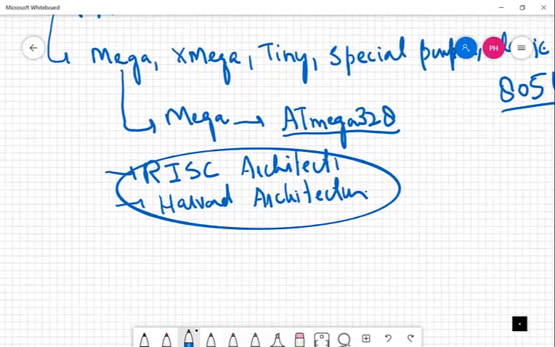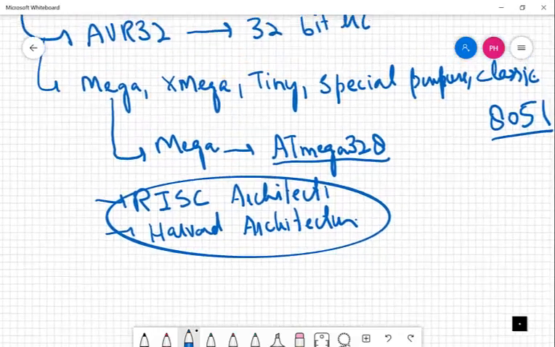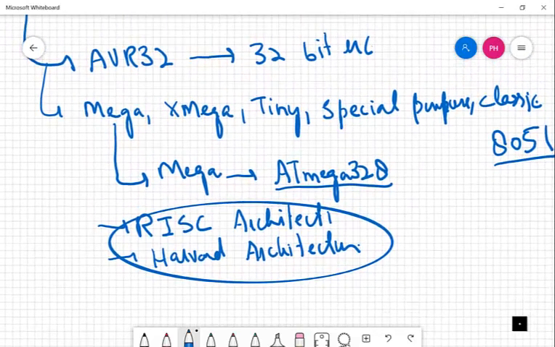All standard features of microcontrollers are available in this AVR microcontroller also, like on-chip ROM, RAM, timers, IO ports, and peripherals like ADCs, PWM and other things, and also some serial interfaces like I2C, USB support, and many other things. So this is about the family.